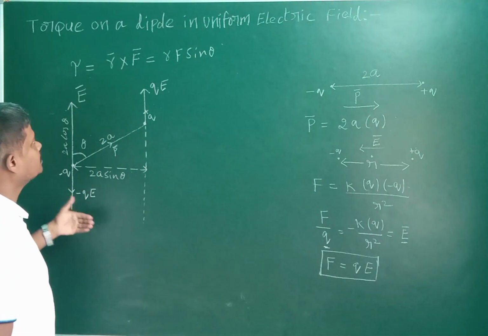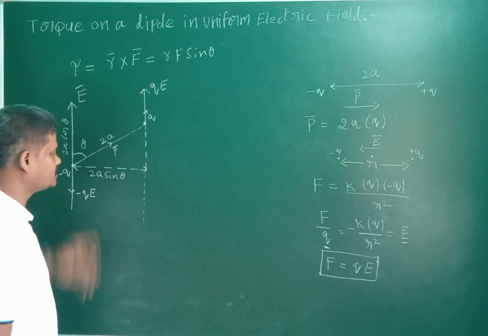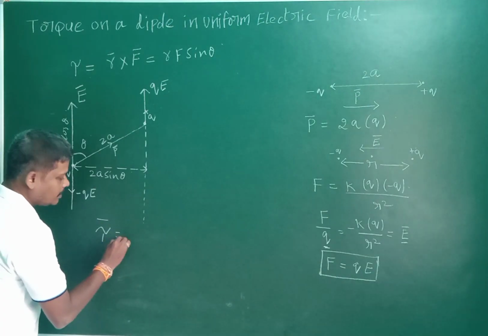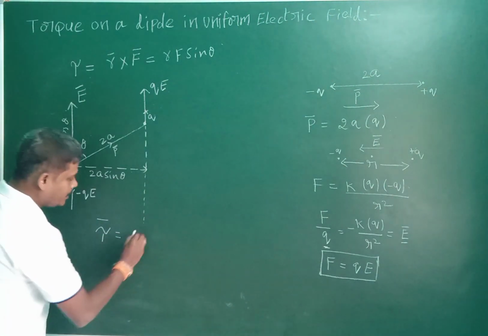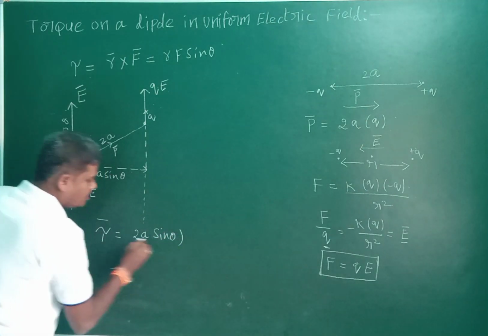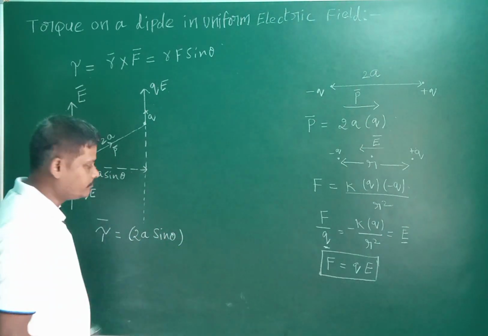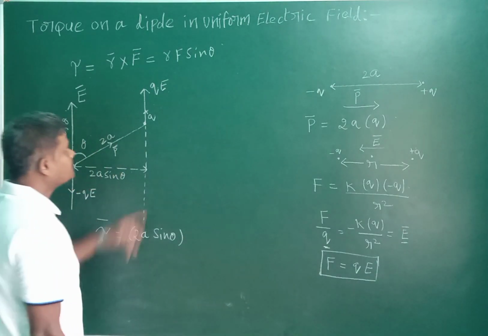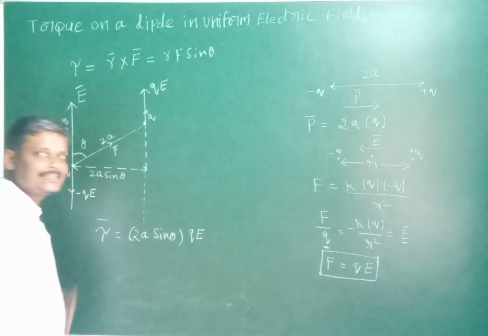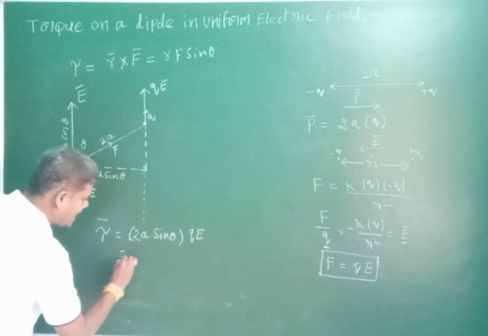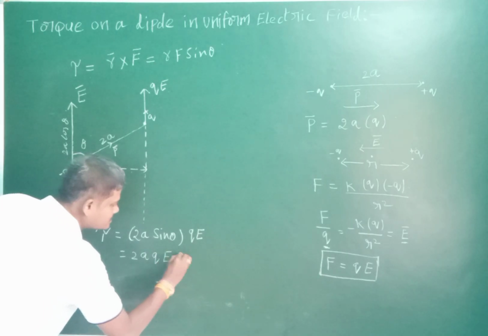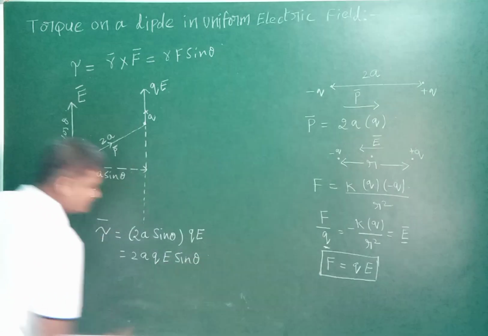Now the torque of these forces on this dipole is written as tau bar, that is equal to the perpendicular distance between the forces multiplied by the magnitude of the force. What is the magnitude of the force? qE. Rearranging the terms, I can write this as 2aqE sin theta.